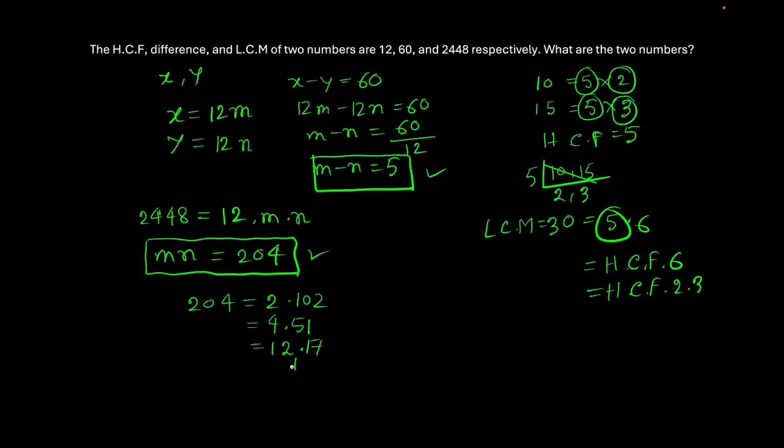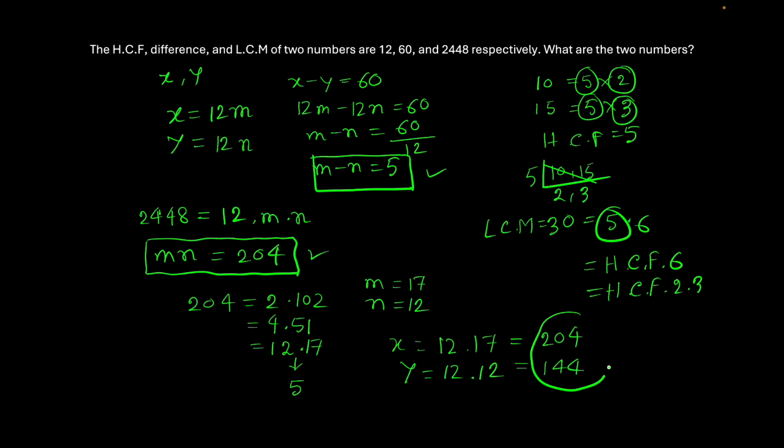So we can see the difference here is 5, and m is bigger, so m is equal to 17 and n is equal to 12. We have already found the m and n values. So x will be 12 into 17, and y is equal to 12 into 12. So this is exactly 204 and this is 144, and this is our solution.